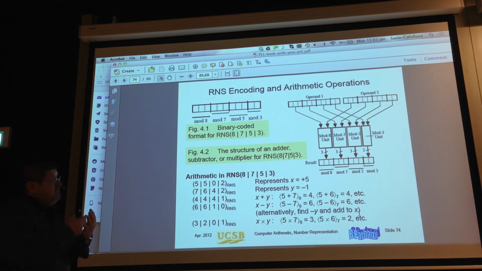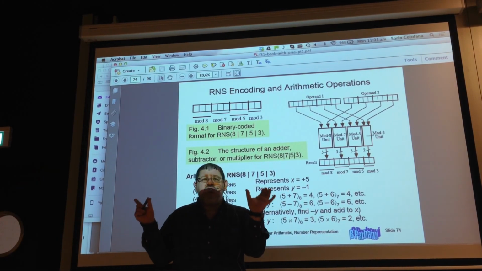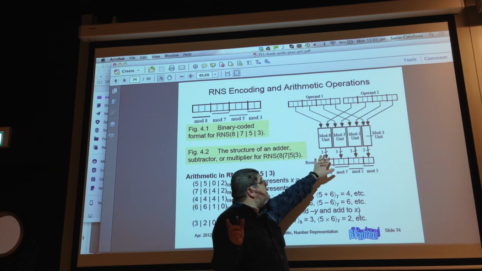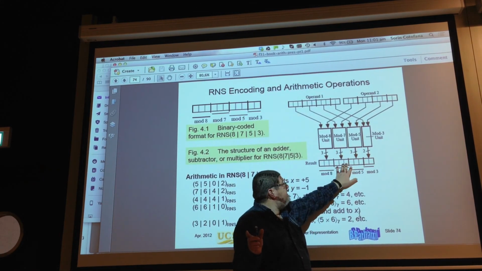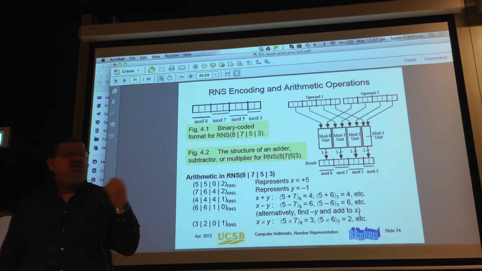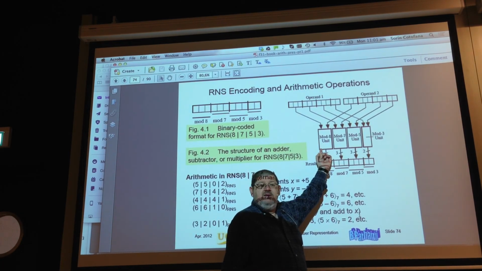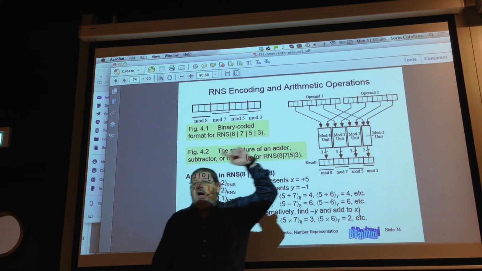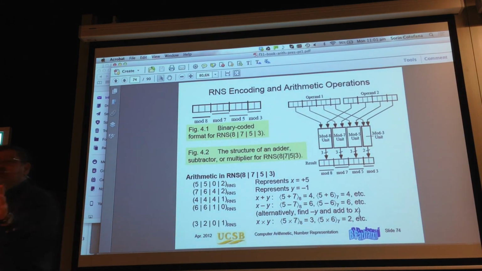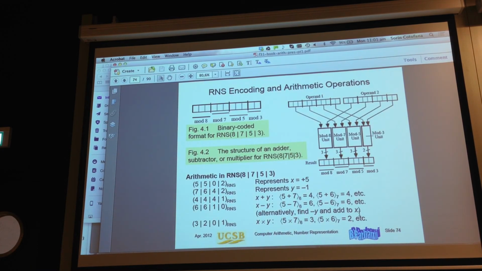But I may manage to decouple them, and as you see, I take the operands which are partitioned in channels, I fit them to the units, and then I obtain the result. Now, the delay of this addition will be dominated by the longest channel, which is a 3-bit channel. If I just concentrate on this addition, I won a lot. But as usual, when you move the magnifying glass from one place to the other, you may lose other details.